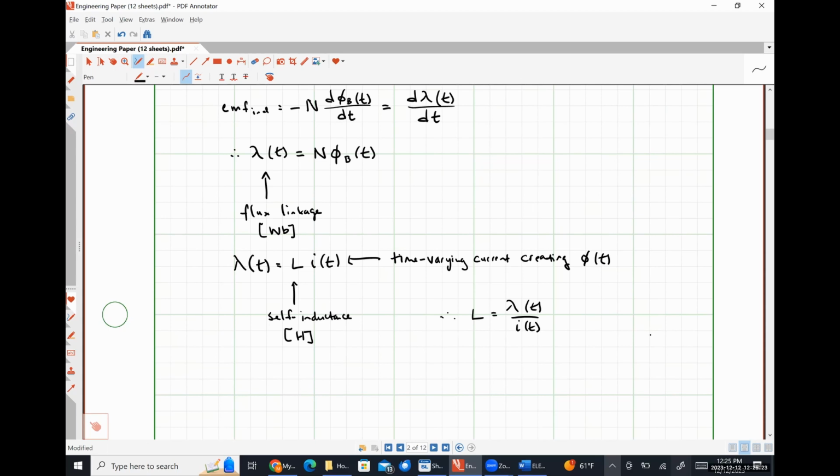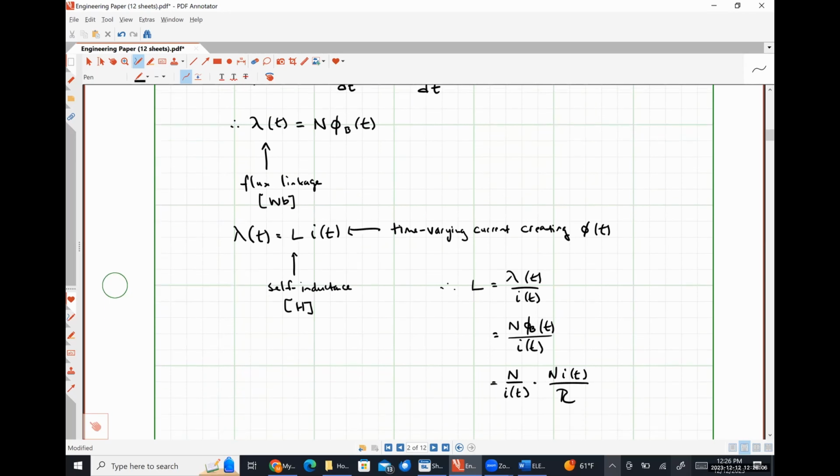Using this particular relationship, we can substitute back in N times phi B over I, and using Ohm's law for magnetic circuits, we could express phi B as N times I over R. So this is going to be N over i of t multiplied by N I over our reluctance.